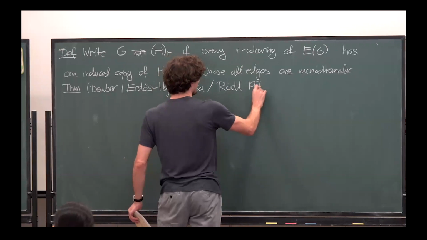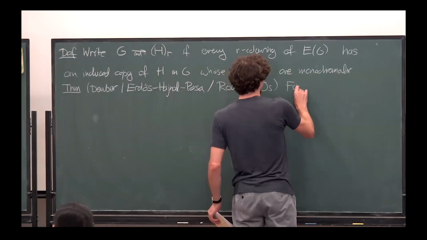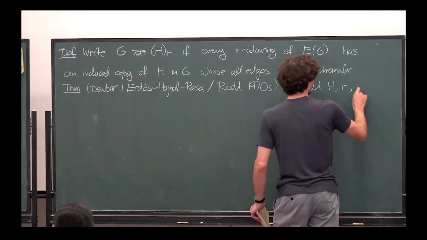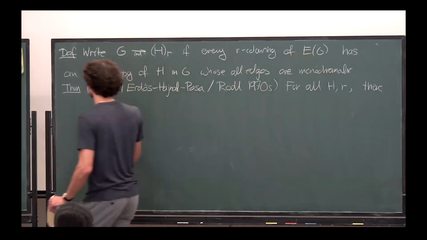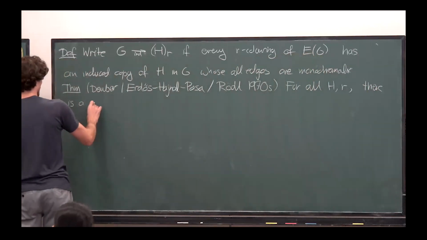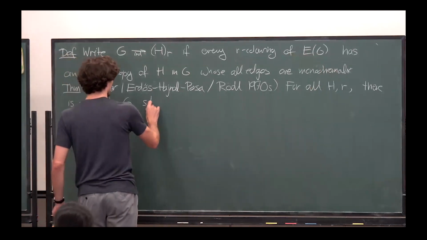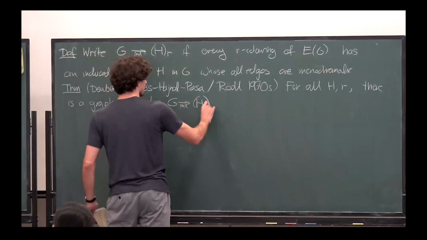So this is in the 1970s. They proved that for all H and r, there is a graph G which is induced Ramsey for H in r colors.